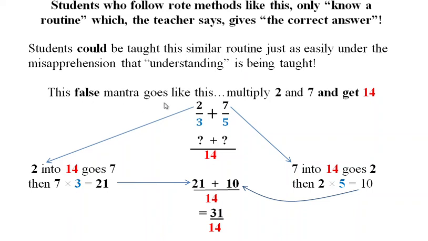It's a little bit complicated, but here we multiply the 2 and the 7 and get 14, and we make this the new denominator. Then we say 2 into 14 goes 7, and 7 times 3 is 21, and that goes there. Then we say 7 into 14 goes 2, and then 2 times 5 equals 10, and that goes there. And then the answer is 31 over 14.